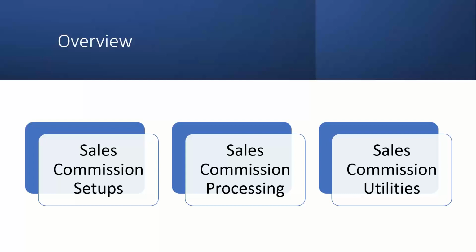We're going to take a look at a couple different examples based on different commission setups, how commissions are calculated. Closing, we'll take a look at the sales commission utilities, basically the housekeeping. This is the area where we're going to go through and purge those commission records out that we've already reconciled and taken care of.